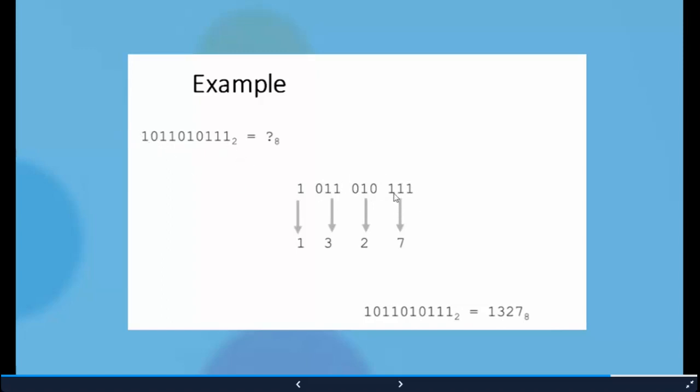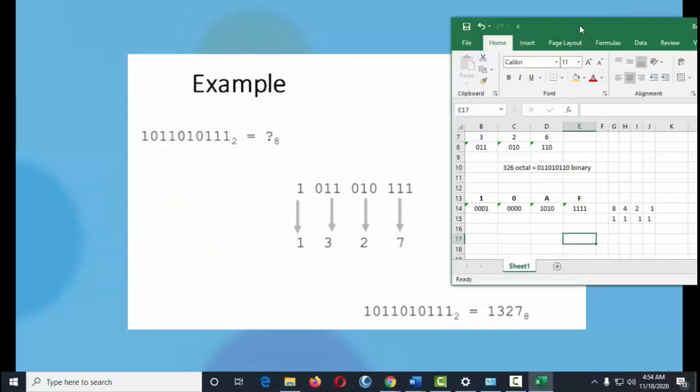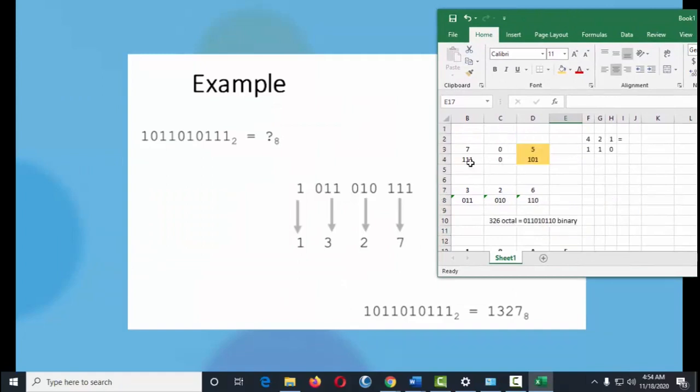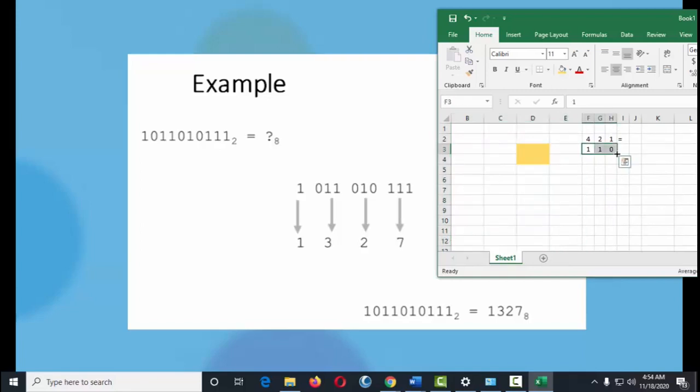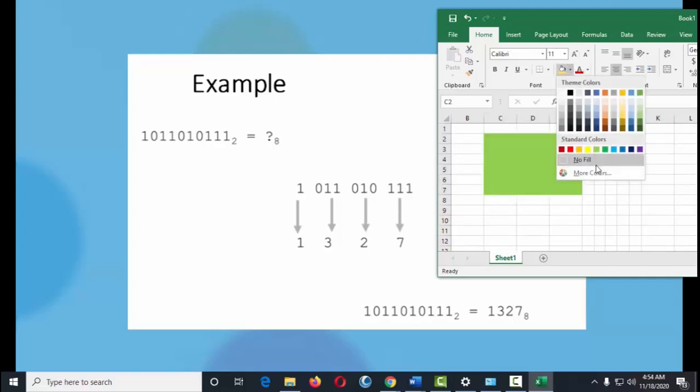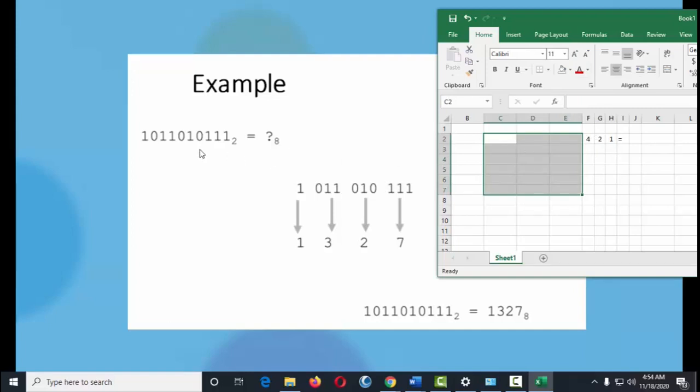And then you convert that, as we did in our Excel. It's the reverse thing now. So let me remove this first. Remember, we have octal, so we have 3 bits. Our values are 1, 1, 1, and then 0, 1, 0, and then 0, 1, 1, and then 1.